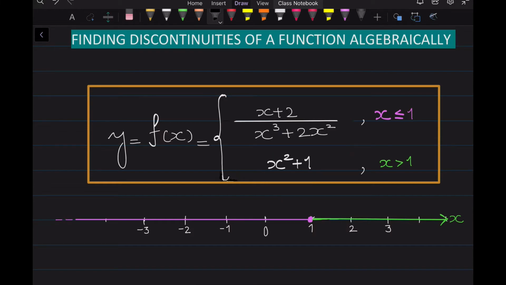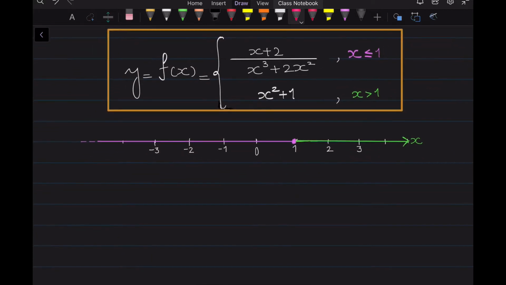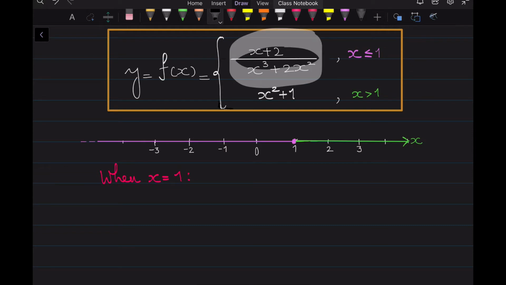So we'll start our discussion with the behavior of this function at x is equal to 1 and in its neighborhood. When x is equal to 1, now it's clear that this function is defined at x is equal to 1. Because at x is equal to 1, this function is governed by this rational expression.